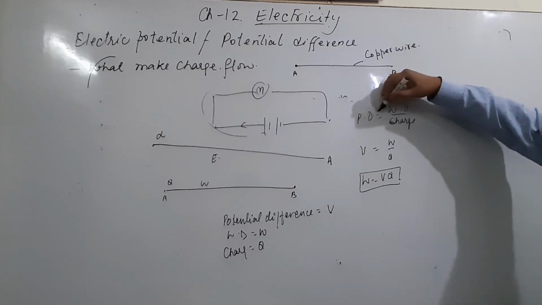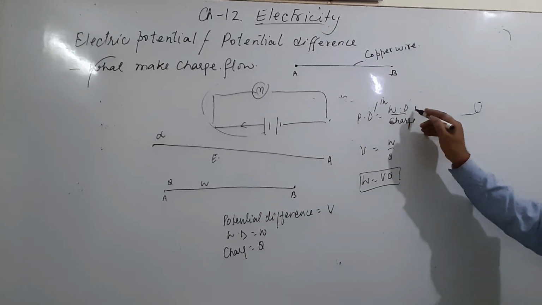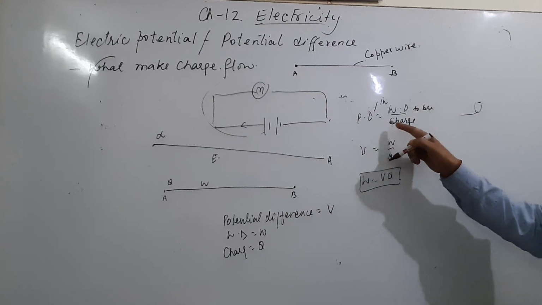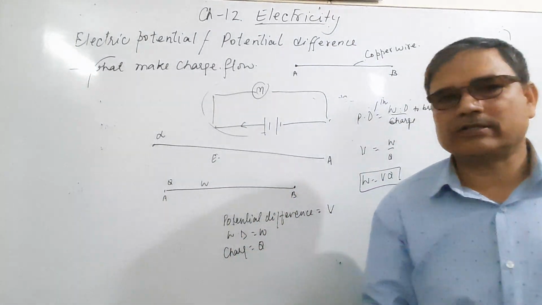The amount of work done to bring a unit positive charge from one point to another point is known as potential difference.